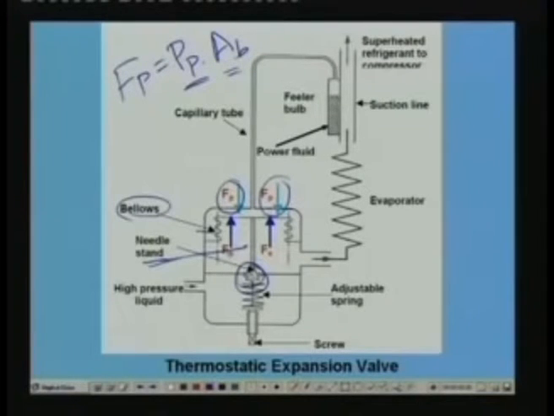Okay, so this is the force which is trying to push the bellows down, and trying to push the bellows down means the needle stand also will be pushed down. And what are the forces opposing this motion? The forces opposing this motion are, first, because of the evaporator pressure, that is Fe. Okay, this is an upward force due to the evaporator pressure. This is equal to Pe into Ab, where Pe is the evaporator pressure. And in addition to that, you also have the spring force Fs.